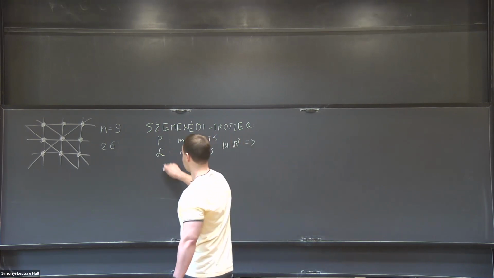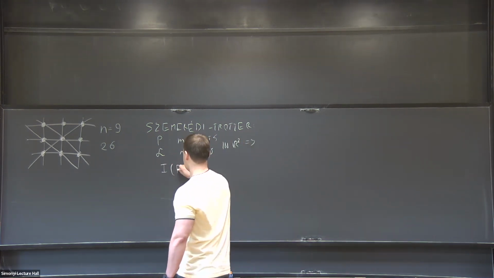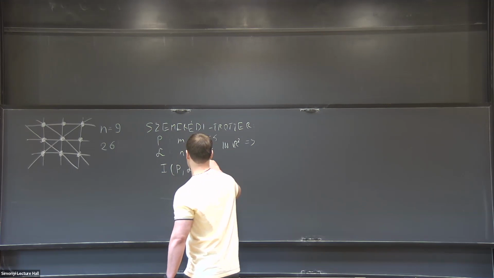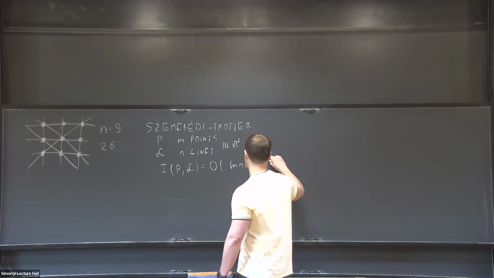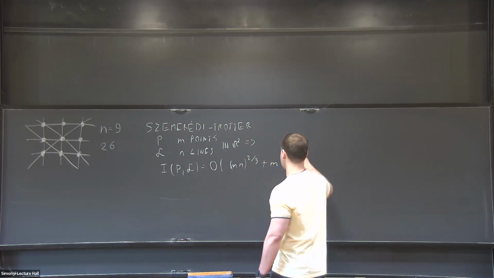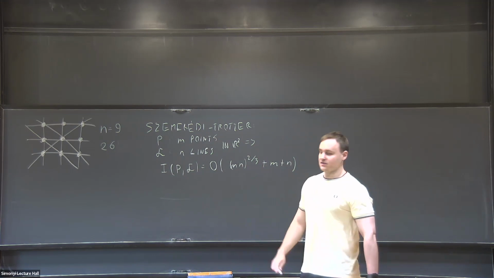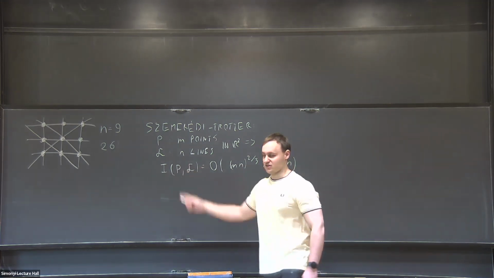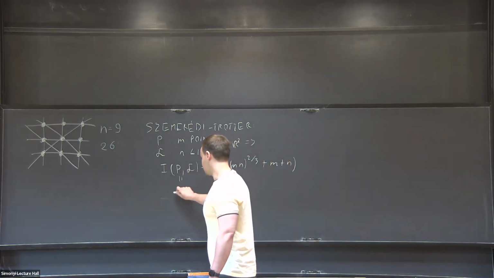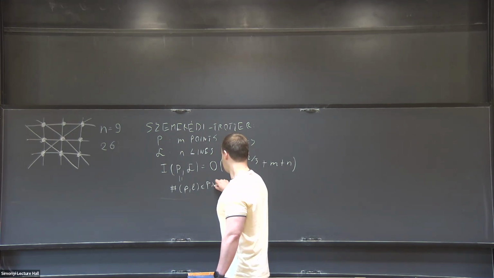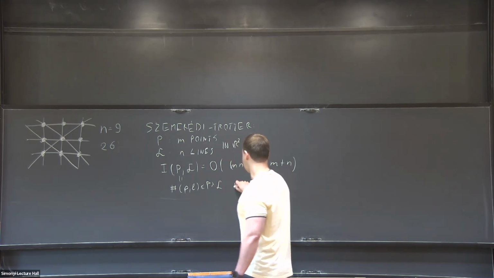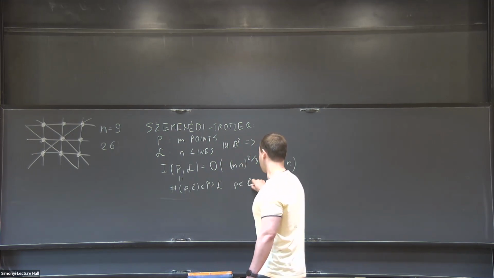Then the maximum number of incidences between the points and the lines is at most some constant times m to the 2/3 n to the 2/3 plus m plus n. Just to make clear, I will use this notation for the number of incidences. This is the number of pairs of points and lines where the point is contained in the line.